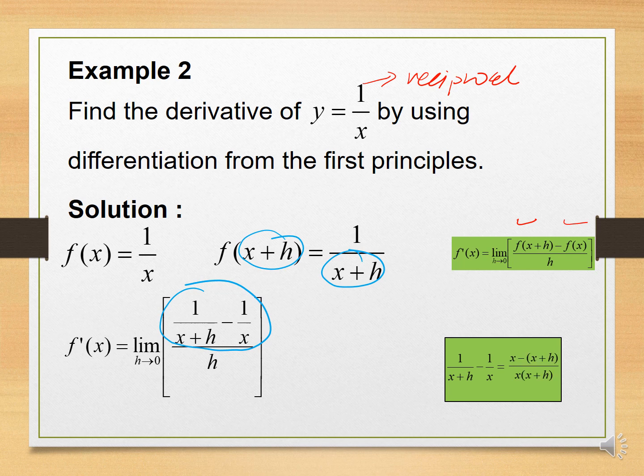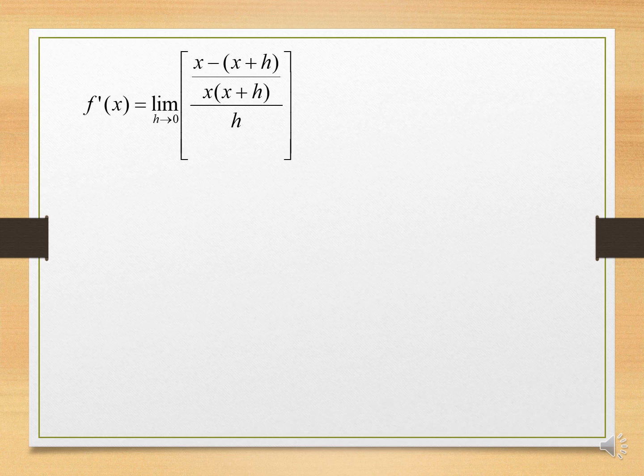So we will get, cross multiply, 1 times (x + h) minus 1 times x, divided by the denominator x times (x + h). Okay, so now we transfer this answer back to the f'(x) formula. That's why over here you will get like this. So this one is the part that I transferred in just now.